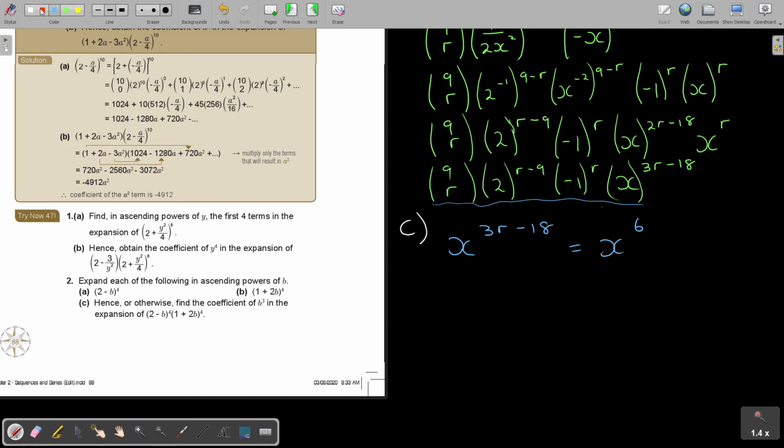Do you see? So therefore, 3r minus 18 is equal to 6. Okay? Because the bases are the same. So 3r equals 6 plus 18, which is 24. So therefore, r is equal to 8.